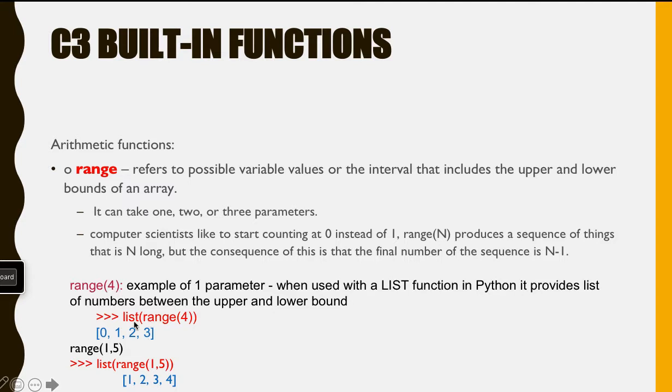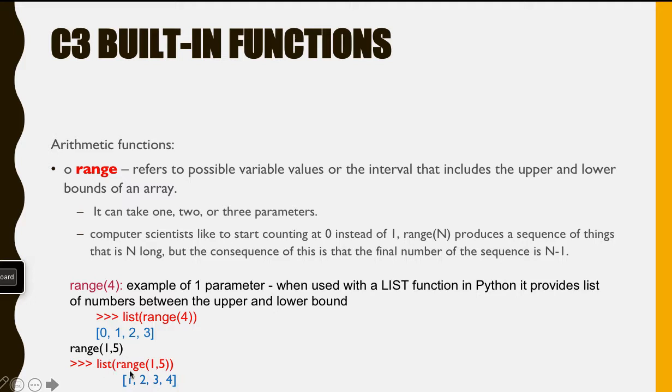As soon as you get up to 4, it says you don't need to give me any more. So if we do range 4, it gives us the range of numbers between a lower bound and an upper bound. This could also be written in another way. We can say start from a particular number and finish with another number, which will be our delimiter.